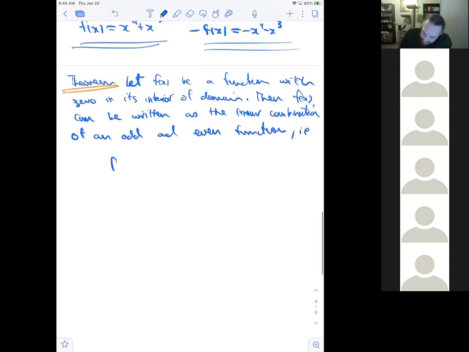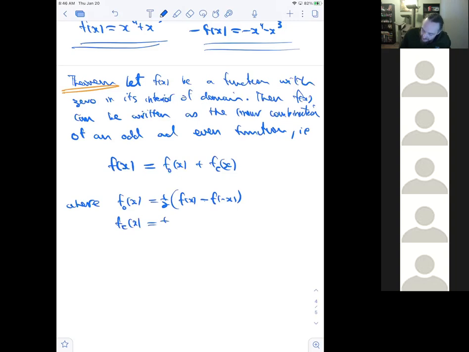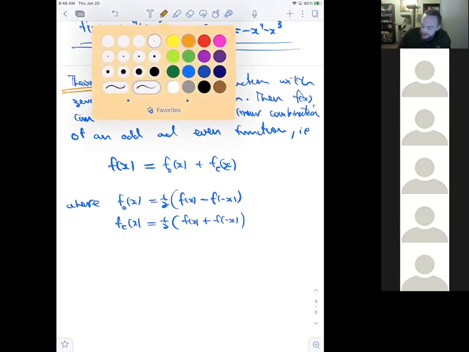I.e. f of x equals f odd plus f even, where f odd of x is equal to 1/2 times f of x minus f of negative x, and f even is 1/2 times f of x plus f of negative x. This is the odd part.